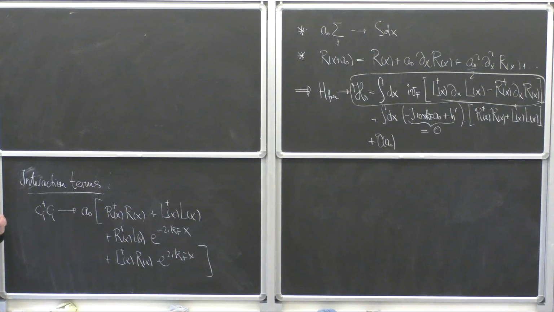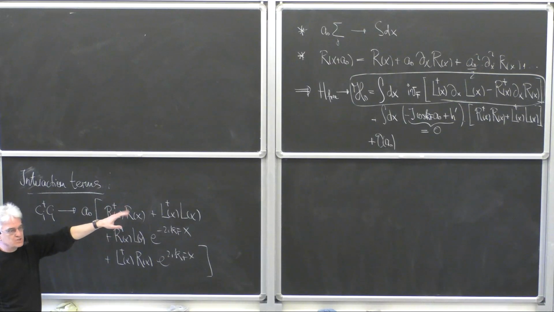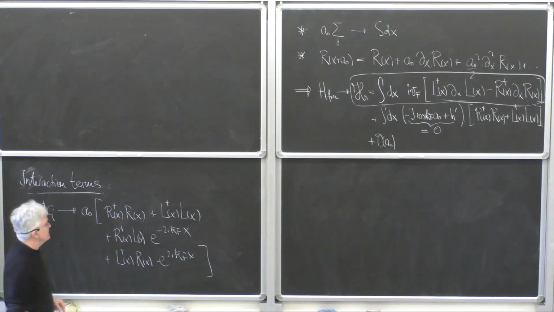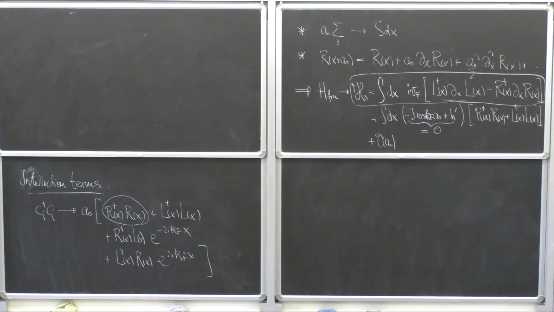Now I have to be very careful, because if I just use my projection formula blindly, I get these quantum fields at the same point in space. But in any quantum field theory, these objects are a priori ill-defined, so we have to define what we mean by this.